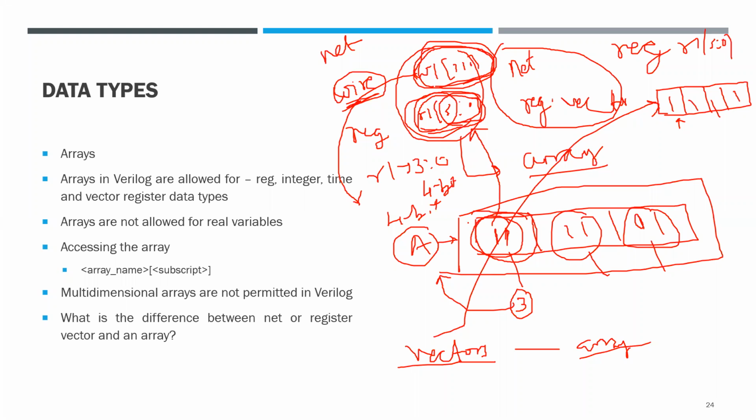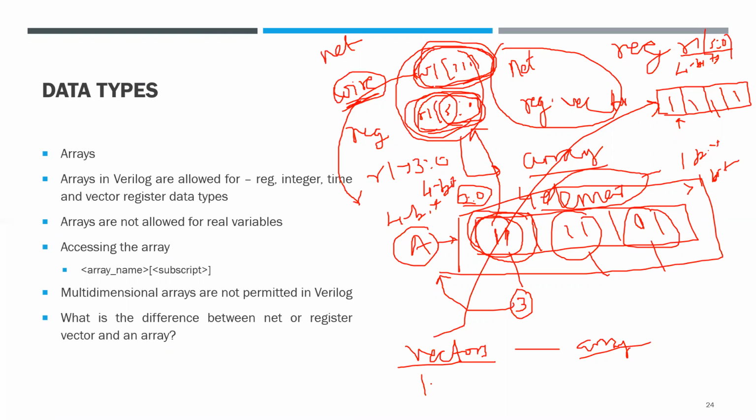If I specify it as 3 is to 0, it implies that there are 4 elements. But the same thing if I specify here, it implies that there are 4 bits. In the array, each element can be of 1 bit in length, or it can be greater than 1 bit. So that is what I could specify.